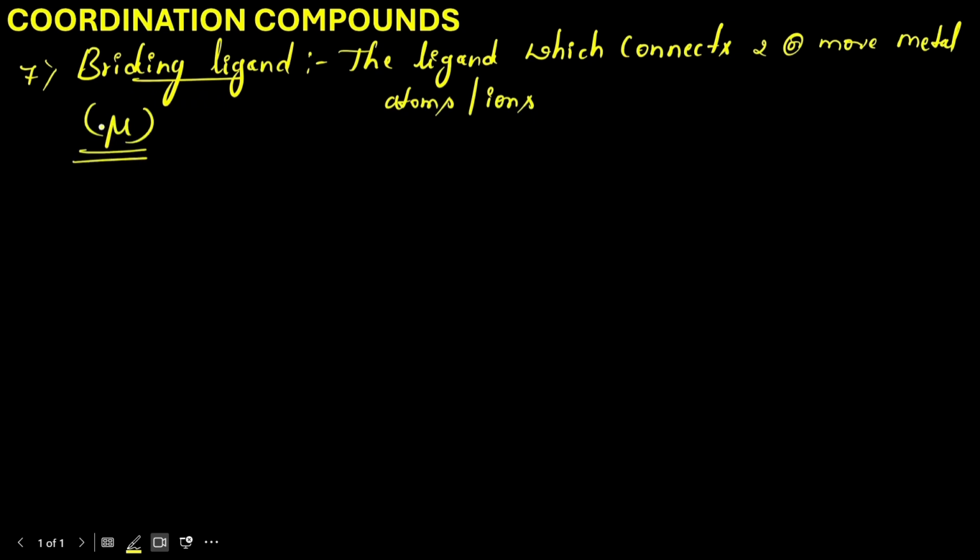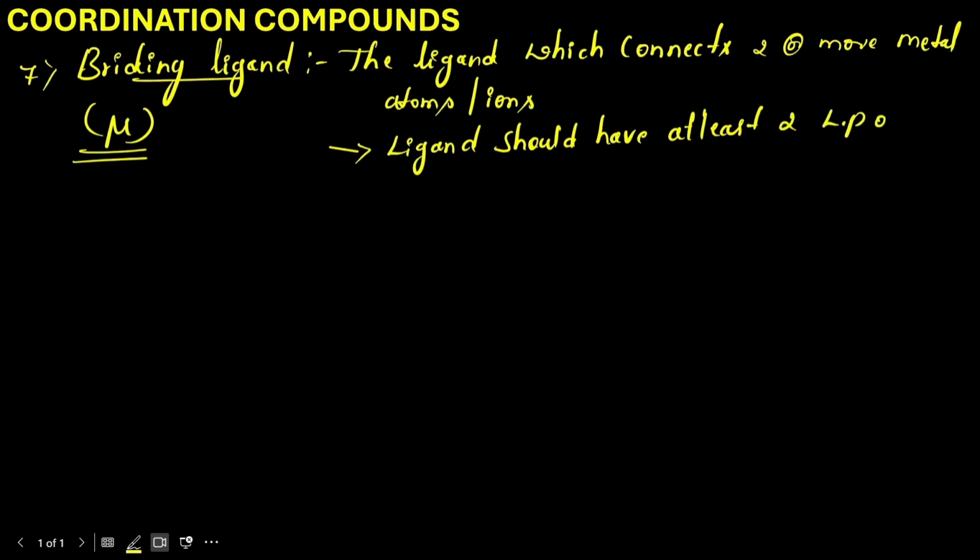Wherever you see the symbol mu, you have to think of a bridging ligand. Here this ligand should have at least 2 lone pairs of electrons.